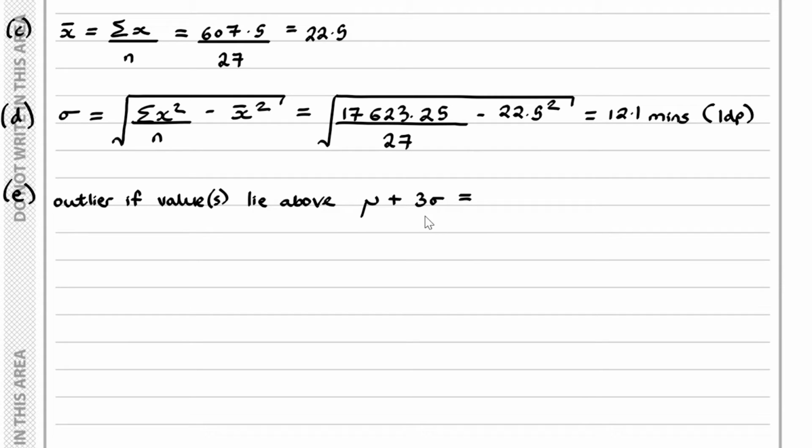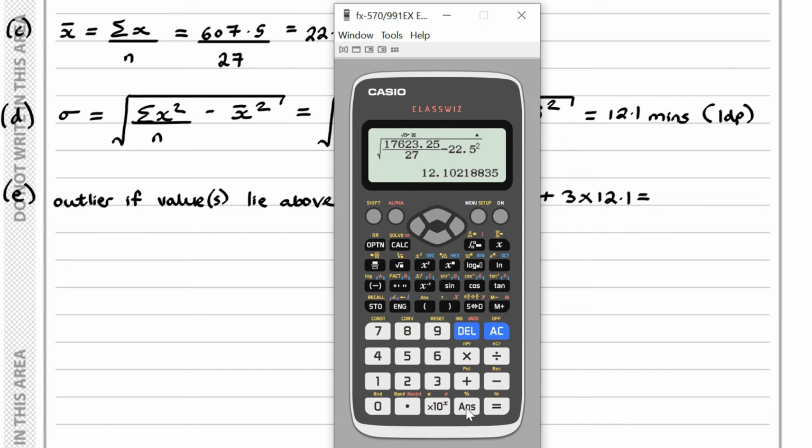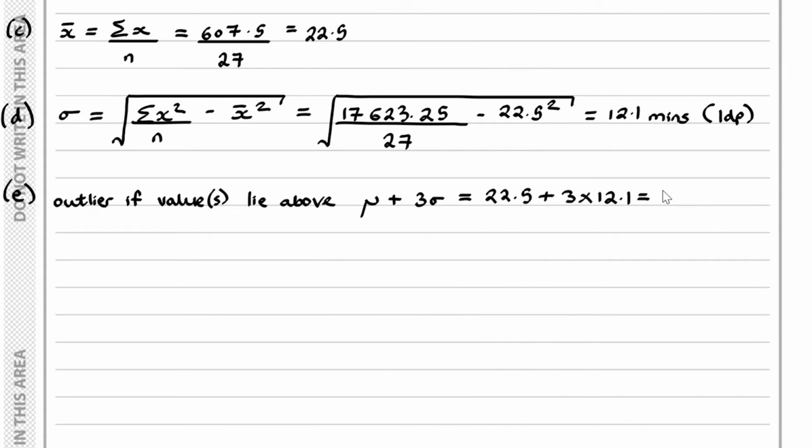So, working this out, we have 22.5 plus 3 lots of the 12.1. Multiplying this by 3, and then adding 22.5, it turns out we get 58.8. So we have here 58.8 minutes. Okay, so anything above this will be an outlier.